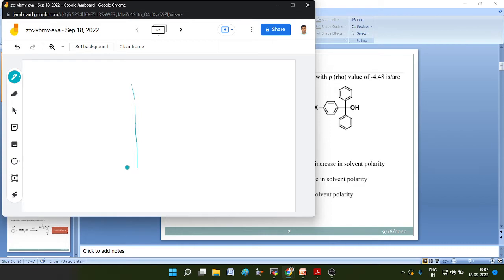So if we follow our earlier discussion, on the x and y axes we should label everything at least. So log of kX, log of kX by kH.